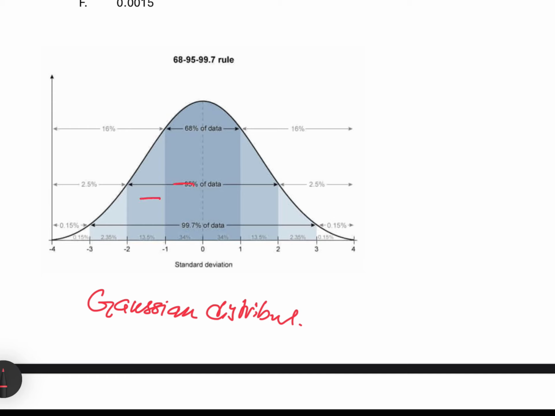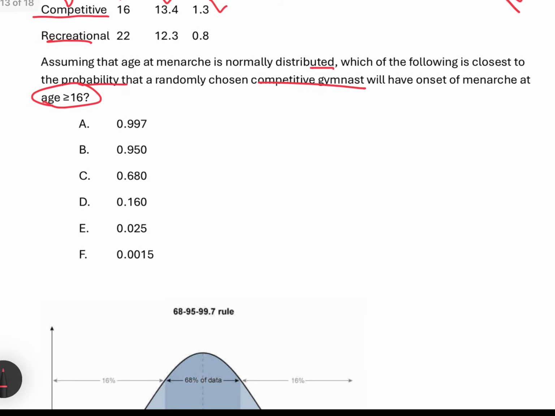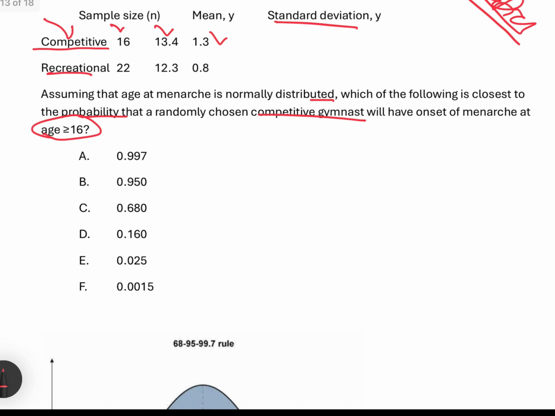First we have to get the mean value. The mean is 13.4 and the standard deviation is 1.3, plus and minus.